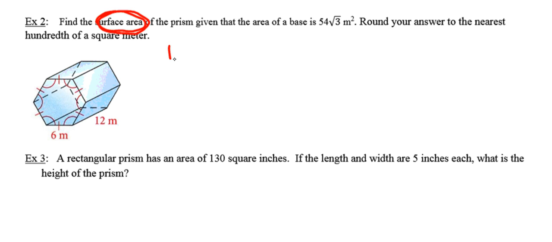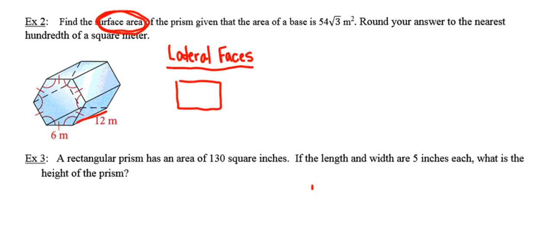I'm going to start with the lateral faces, and I'm going to identify in my work here that I'm finding the area of those lateral faces. In this particular case, the lateral faces are made up of rectangles. Each rectangle measures 12 meters long by 6 meters high. So each of those rectangles has an area of 72 square meters.